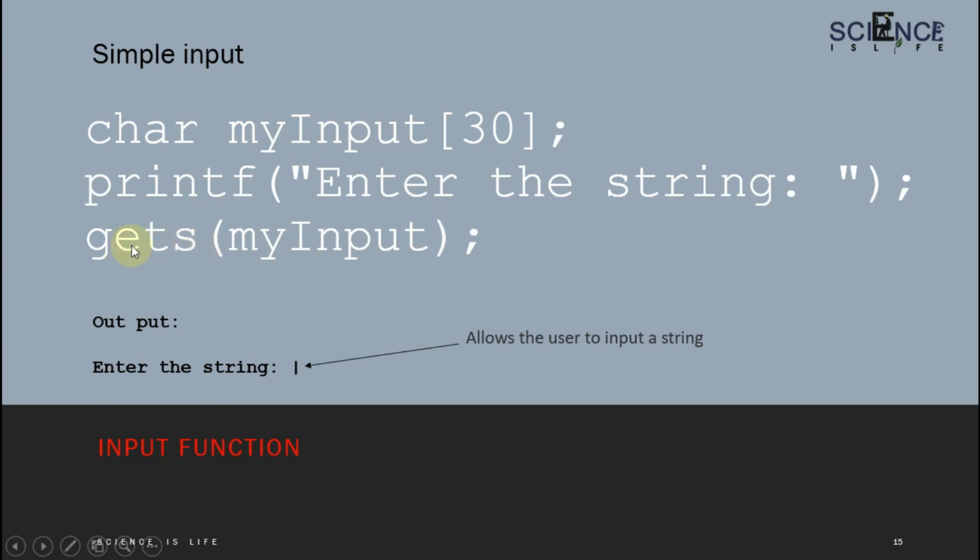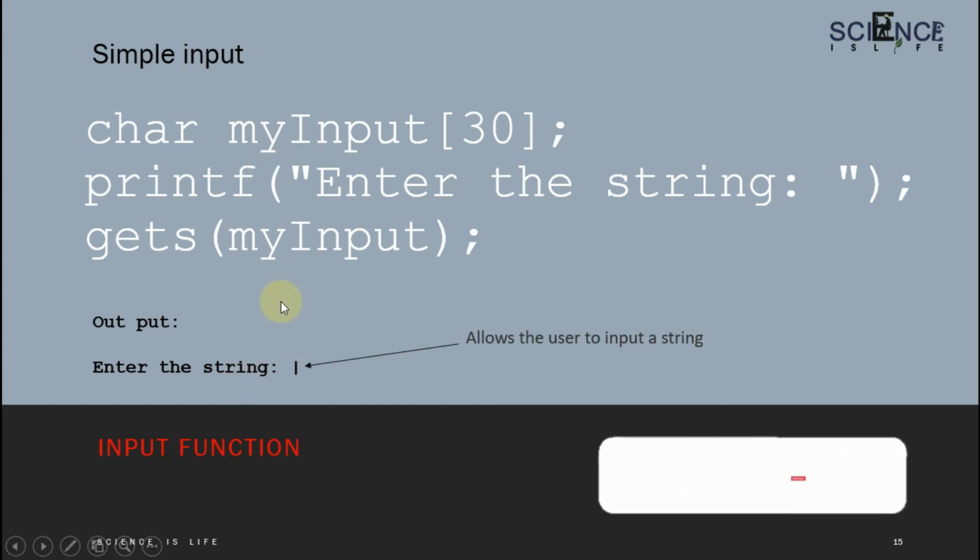So I am storing string values into my char array, right? If we run this program, what will be the output? There will be a message, enter the string, and a blinking cursor waiting for a string value, right?